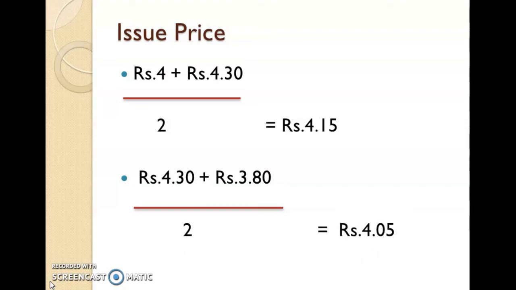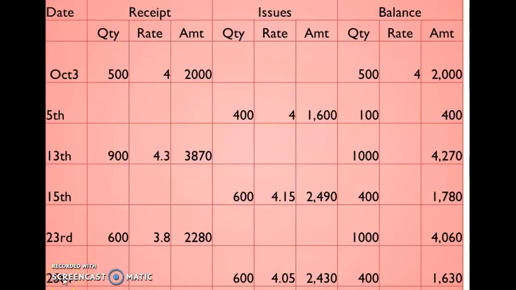So we are going to issue the units at this rate only. We issue 600 units at rupees 4.05. We get the amount as 2430.